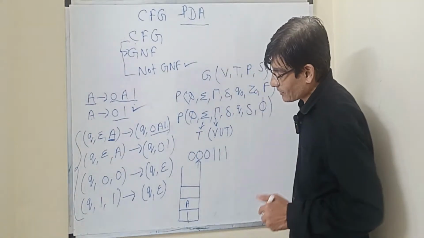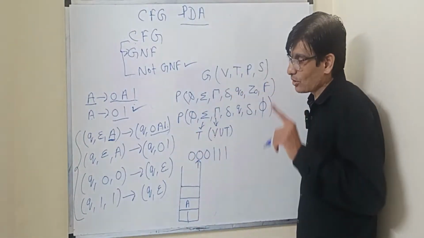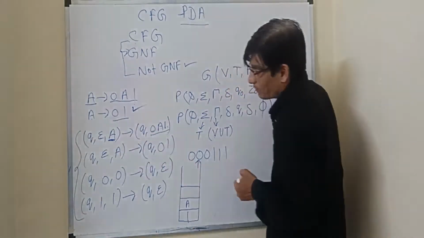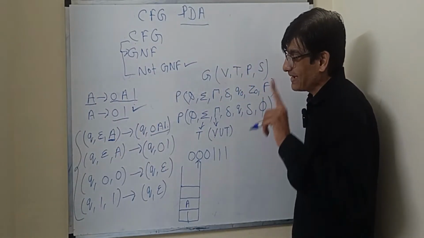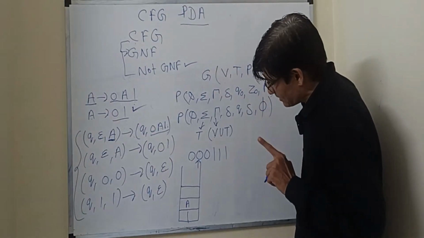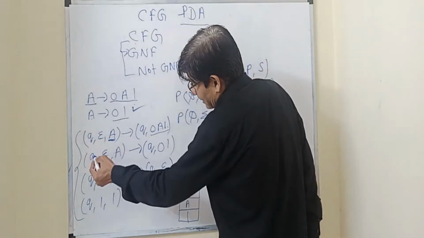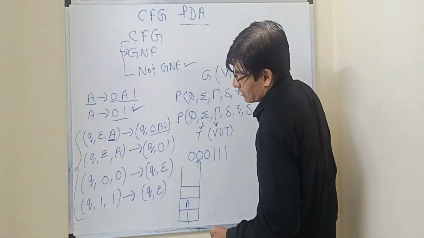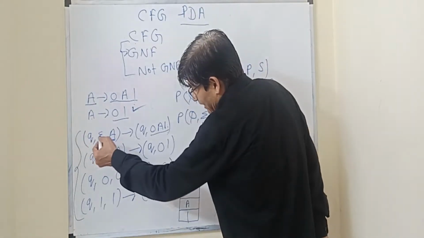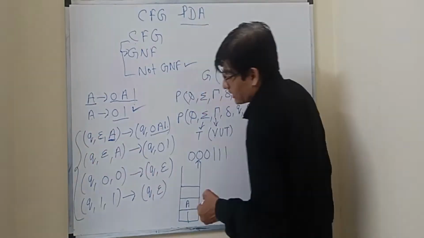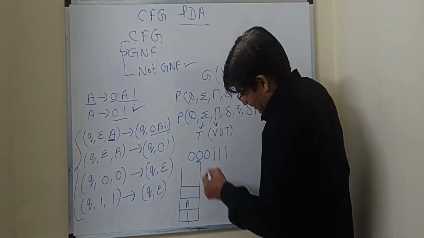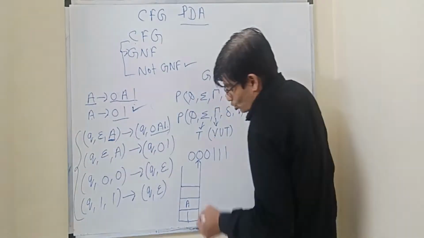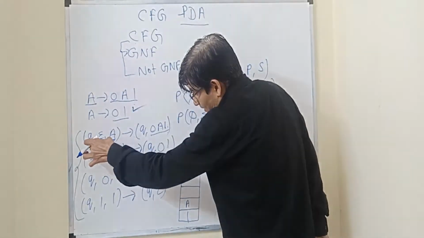Now again the stack top is A. This is a variable again. In case of a variable on the top of the stack, we will not read any symbol from the input. So now again we have A on the top of the stack and we are reading epsilon from the input and we are in state Q. So now we can use this transition or this transition.